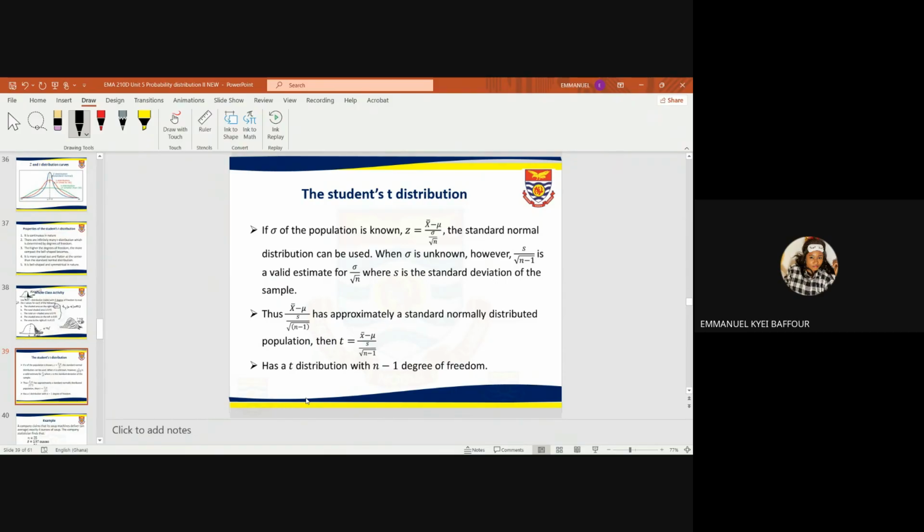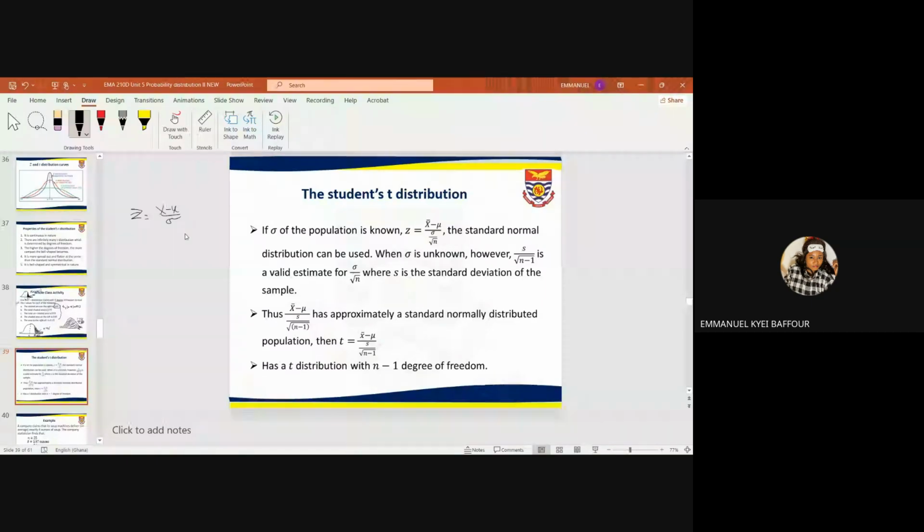So let's look at the various calculations and formulas that we use in calculating for the T. As in the case of the Z, where we were using Z equal to X minus mu divided by the standard deviation. This one is whereby the population standard deviation and the population mean are known.